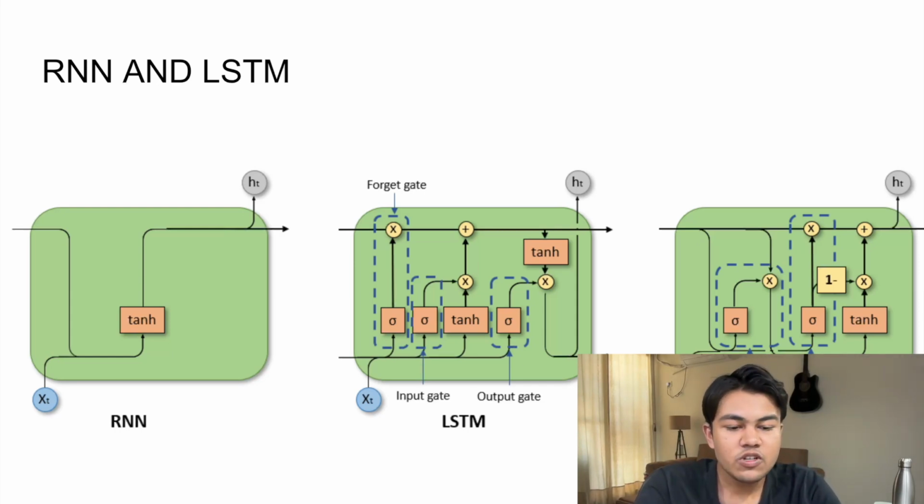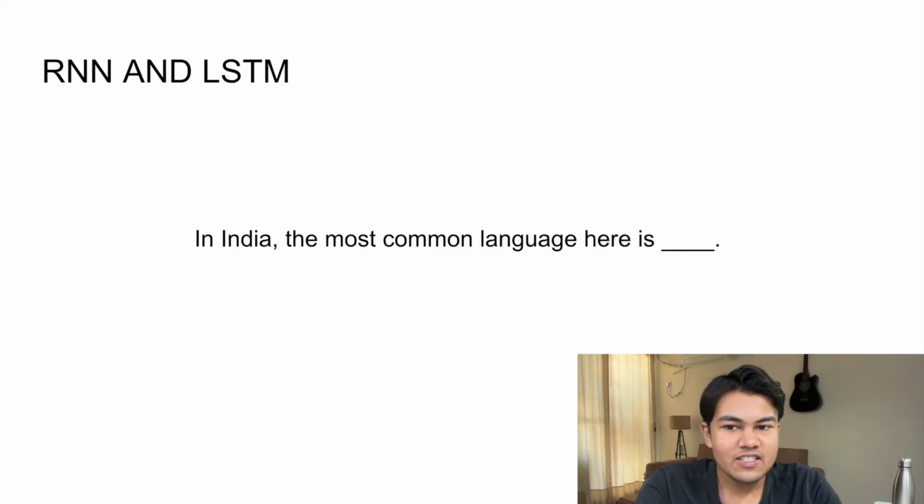What was the limitation? Let's suppose we have a sentence like this: "In India the most common language here is ___," and we give the model the task of predicting this next word. Then RNNs usually forget the very initial words.